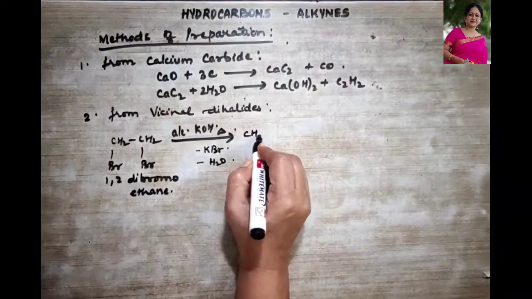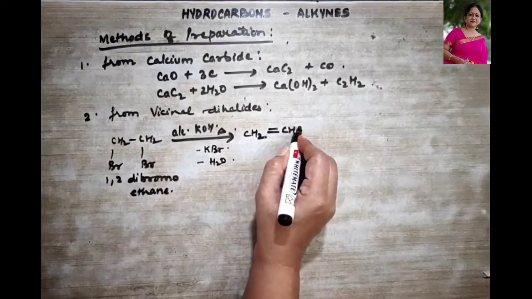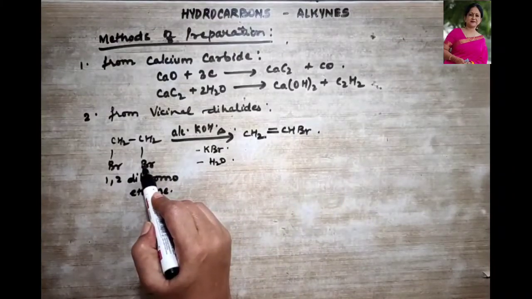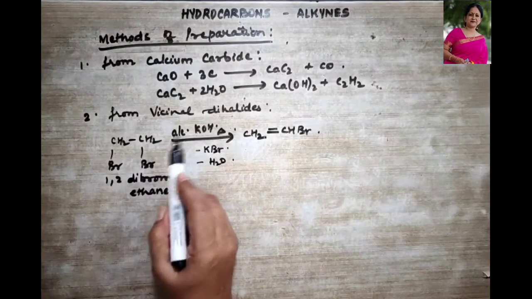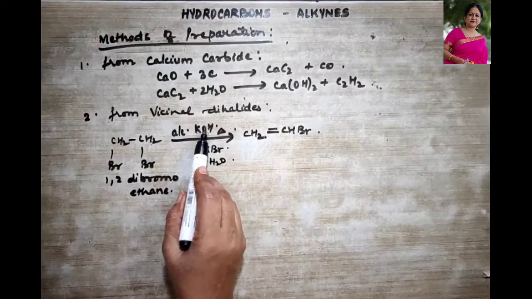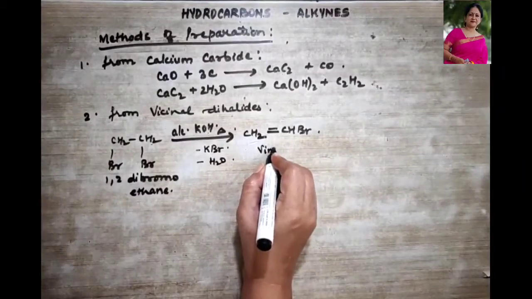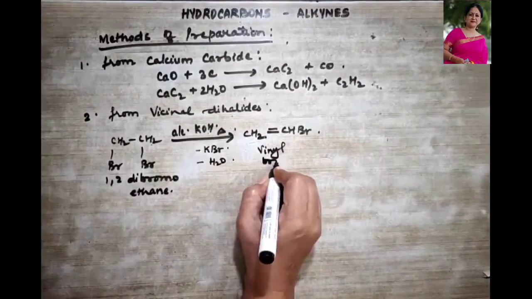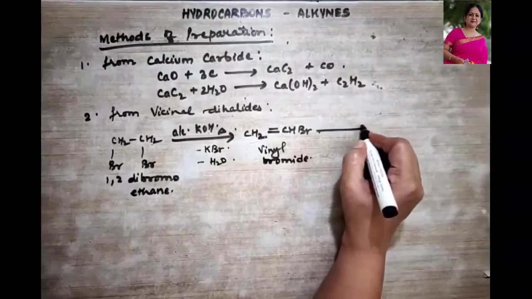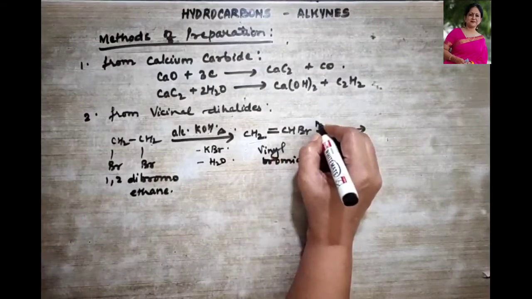We get CH2=CHBr, plus KBr and H2O. So we obtain what? We get a vinyl bromide.